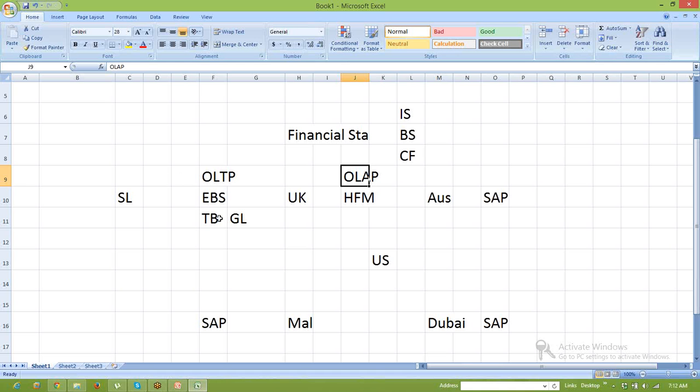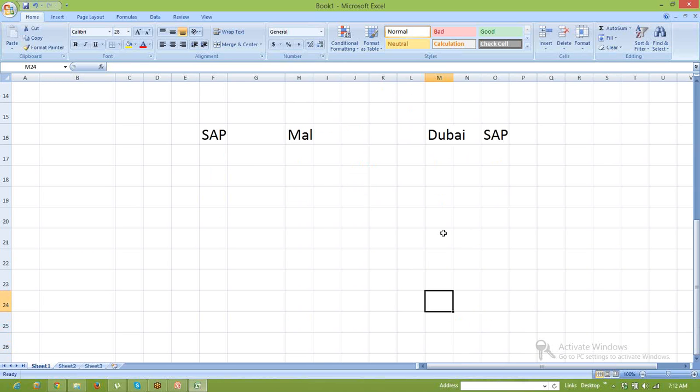Here the data that you are getting from trial balance, from Australia, UK, Malaysia and Dubai, you get the trial balance data and start to prepare the financial statements, right? What are the financial statements that we have?